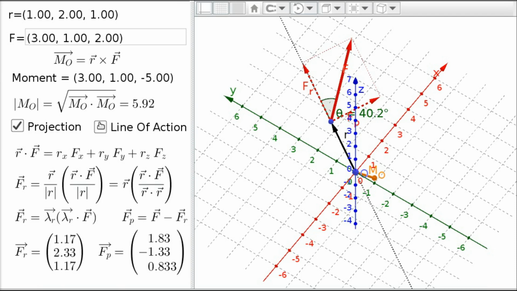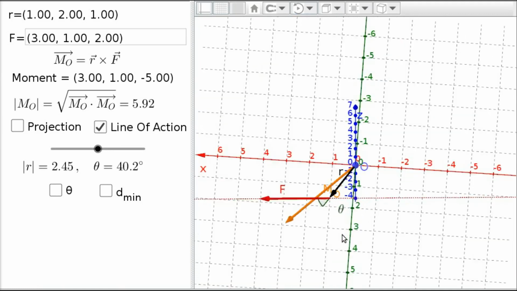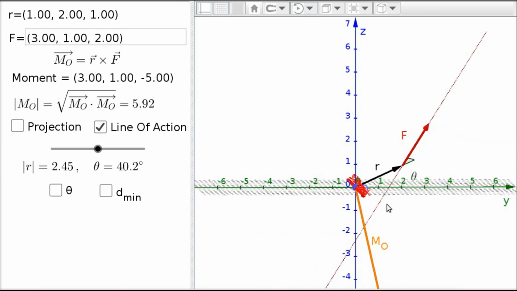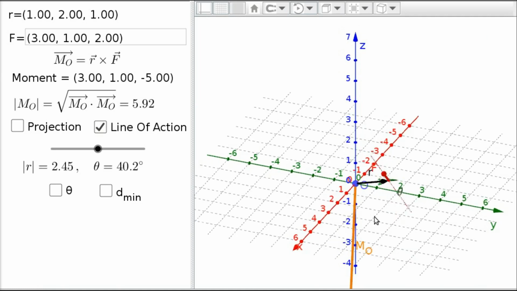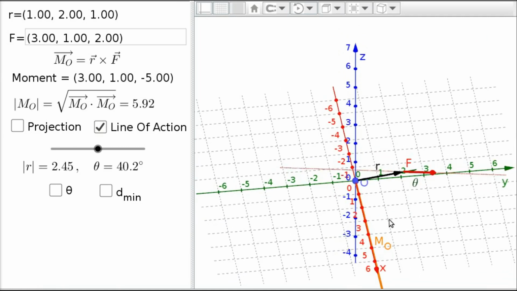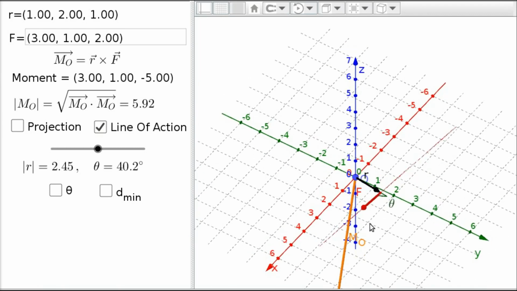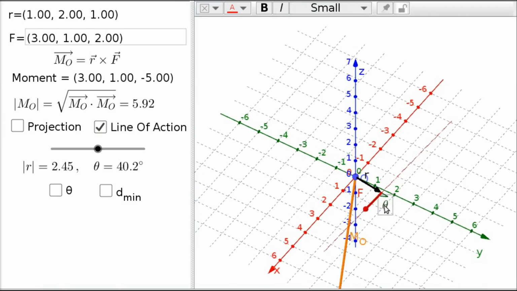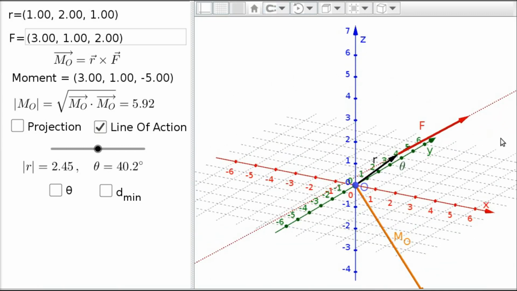Now, another thing with moments is we have a line of action. So our line of action here, go back to the original view a little bit, is a line drawn through our force vector. So we draw a line through our force vector, and we see the angle between the vectors is shown here. Let's go back to default view.